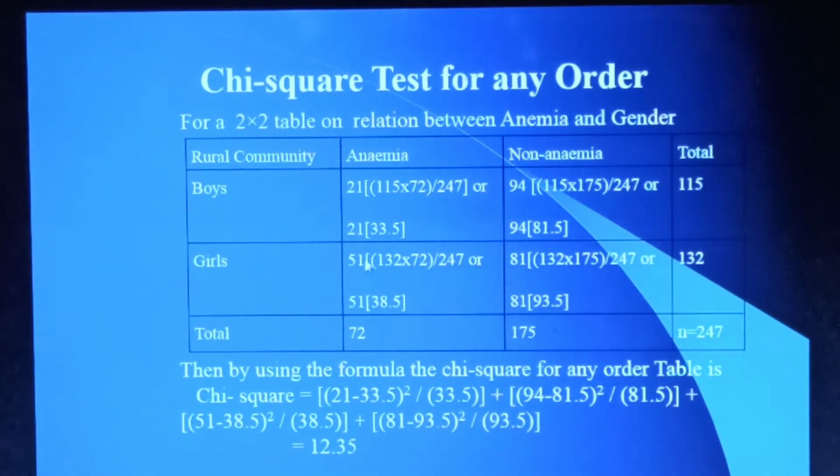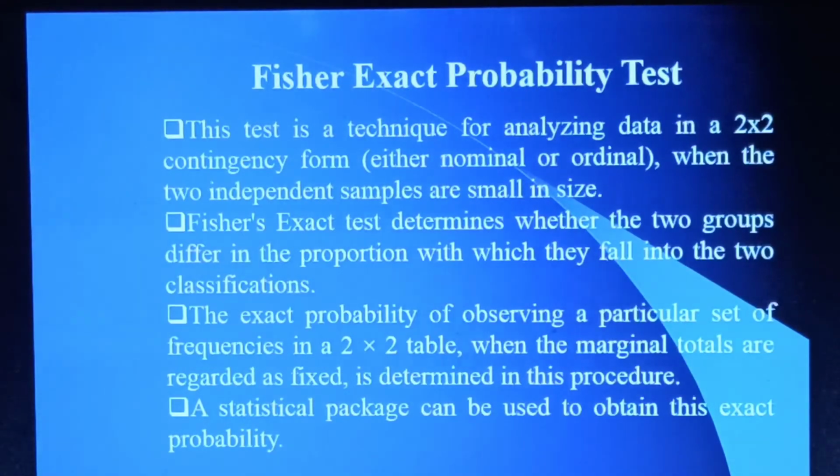By substituting in the general formula, observed minus expected whole square by expected, for each cell, and adding them up, for this 2 by 2 table we also get 12.35. So that is a direct formula, computed using expected values.